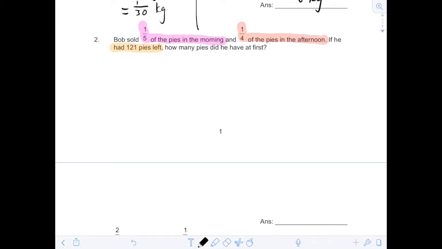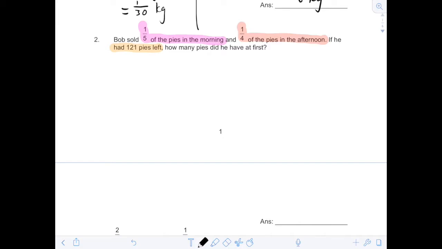Now take note that Bob sold 1/5 of the pies in the morning and 1/4 of the pies in the afternoon. So this belongs to the entire quantity of pies that he had at first, which is 1 whole. When you're going to deal with 2 different fractions like this that are supposed to be on one model, which is part of the 1 whole, you have to make them into the same denominator first, so that you can divide them equally into the number of parts that you want.